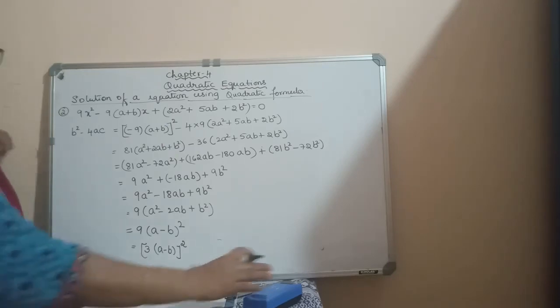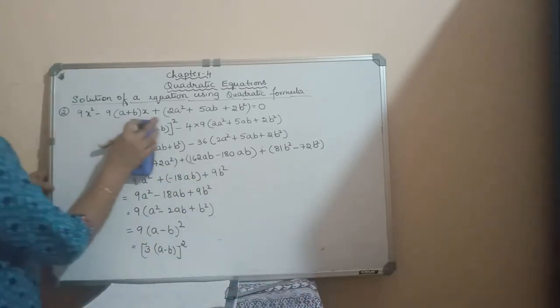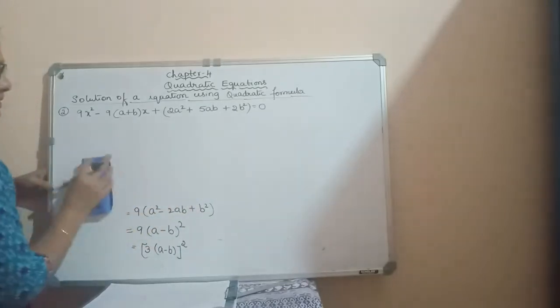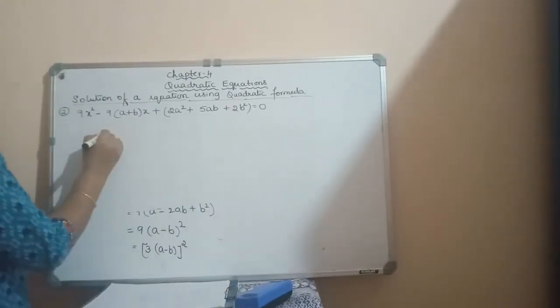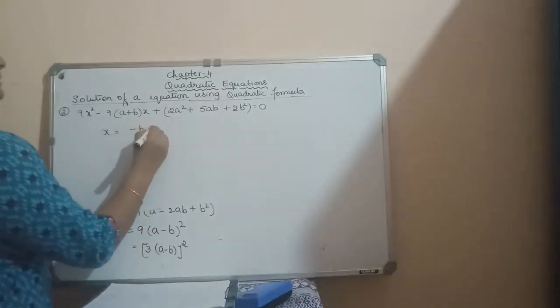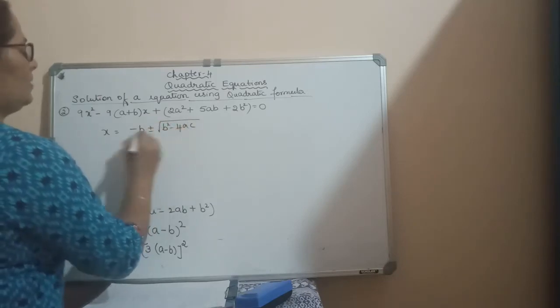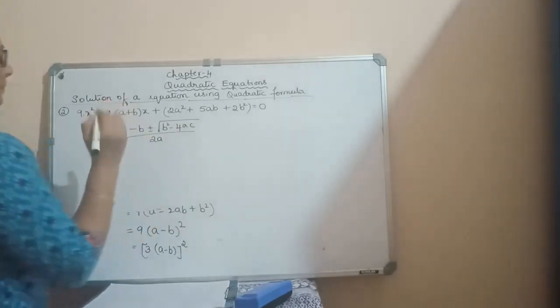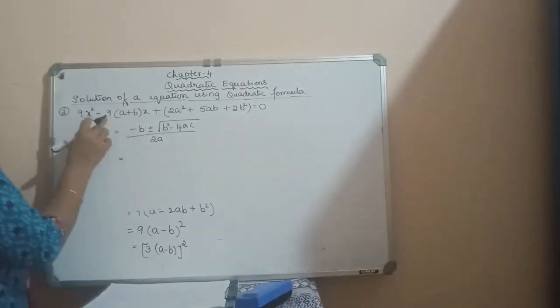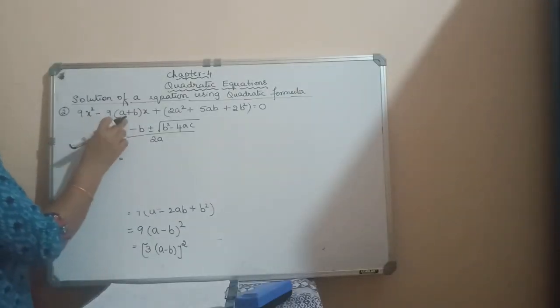Now we'll use quadratic formula to find the solution of the equation. So x equals to minus b plus or minus root b square minus 4ac by 2a. Okay, what is b here? Minus 9 into a plus b.